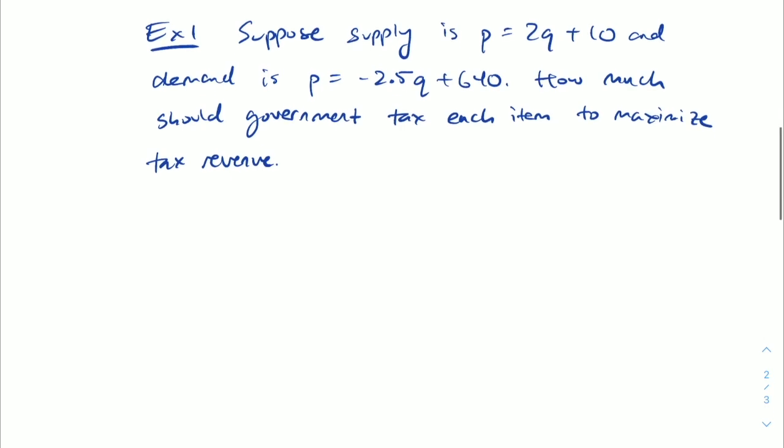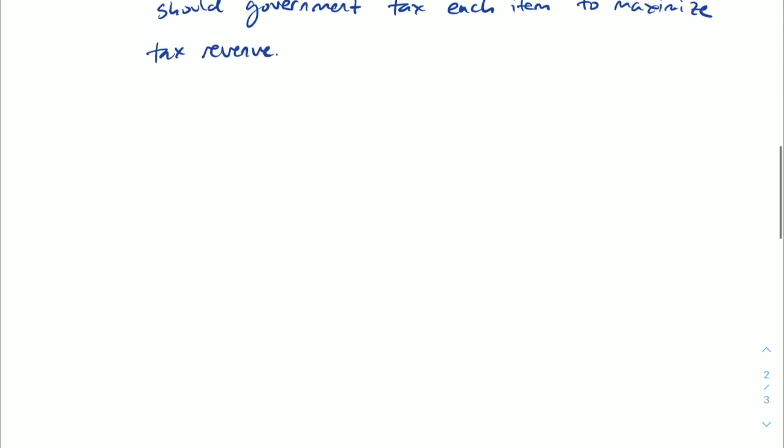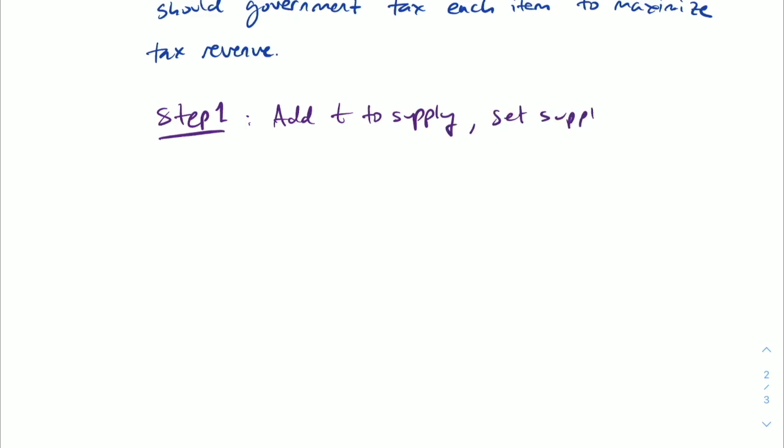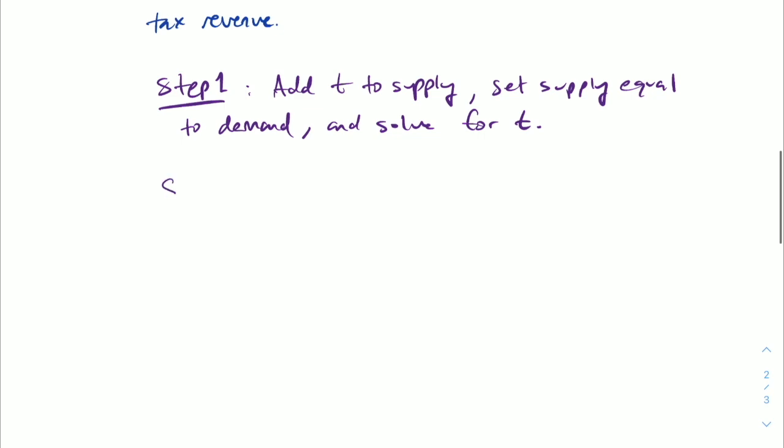Okay, so we're going to do 3 steps. Step 1 is going to be add T to the supply, shift that supply up, and then set the supply equal to the demand and solve for T. Okay, that's step 1. Step 2 is find the tax revenue function.